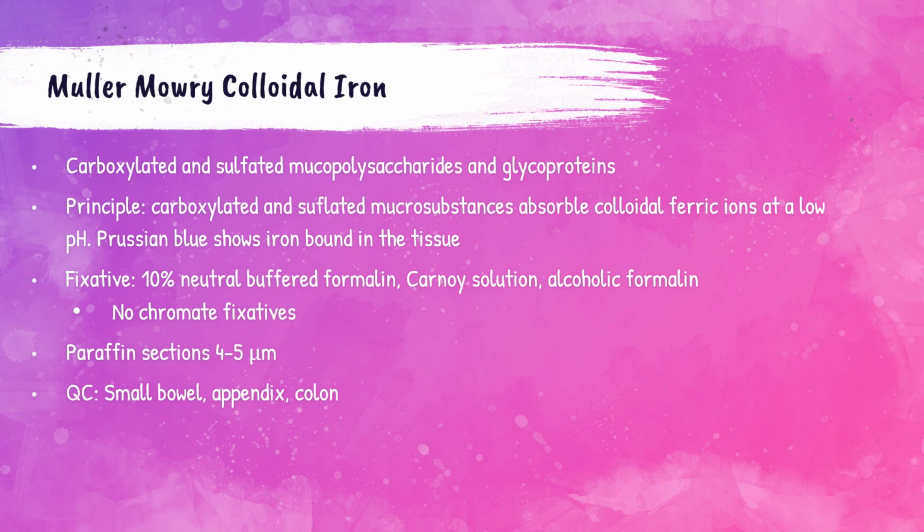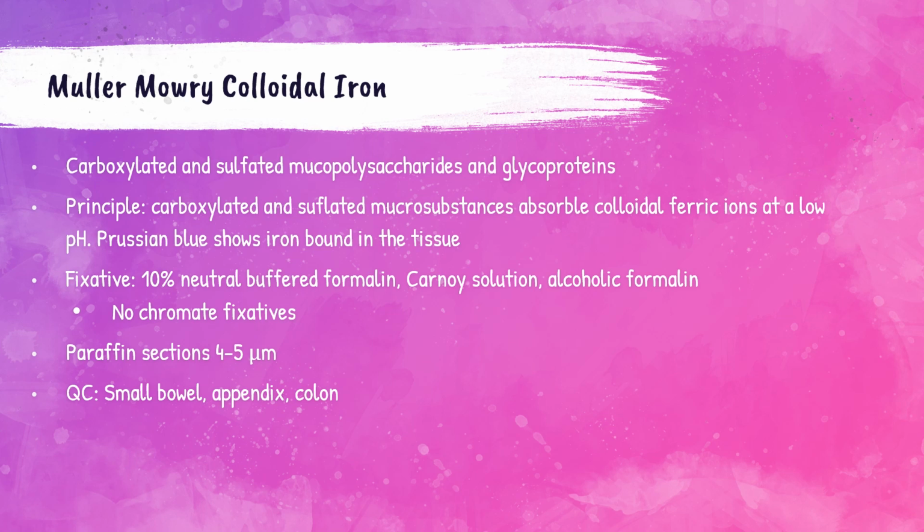The Mueller-Mowry colloidal iron stain is used to show carboxylated and sulfated mucopolysaccharides and glycoproteins. Now carboxylated and sulfated mucosubstances absorb colloidal ferric ions at a low pH. Excess reagent is washed out and Prussian blue is used to show any iron that is bound to this tissue sample.